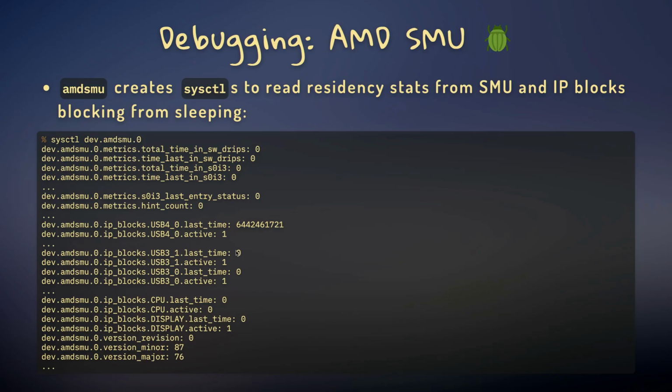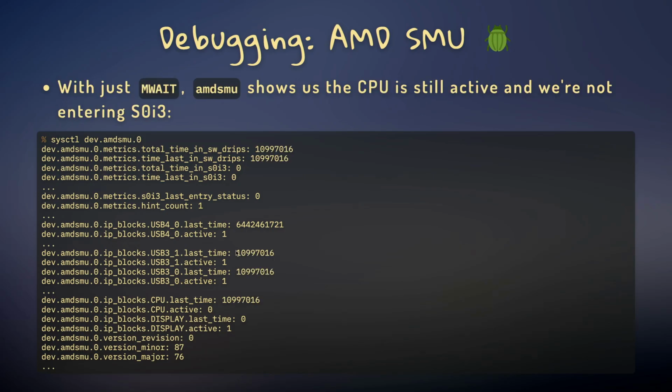It's a bit of a weird thing. Right, so if we just try to idle and sleep with mwait, the AMD SMU will show that the CPU was still active during this, and it will give us time spent. The time spent will entirely be in this SW drips counter. I guess this is a bit of a misnomer.